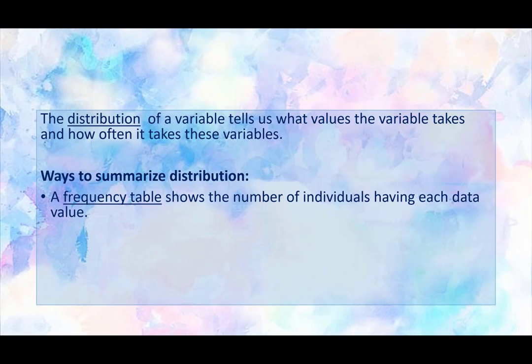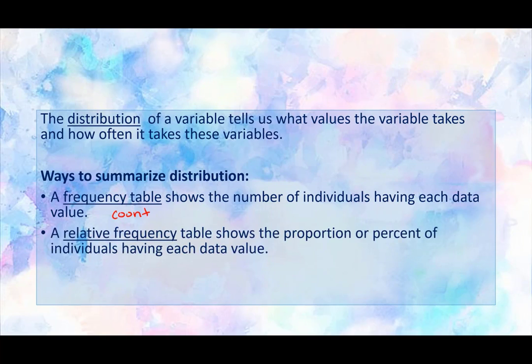Again, we're going to be doing a couple examples with these. So if you're like, oh, what's a frequency table? Don't worry, we're going to look at them. A frequency table shows count. Okay. And then we have a relative frequency table, and that shows the proportion or percent of individuals having each data value. Okay. So this one shows more of a proportion.